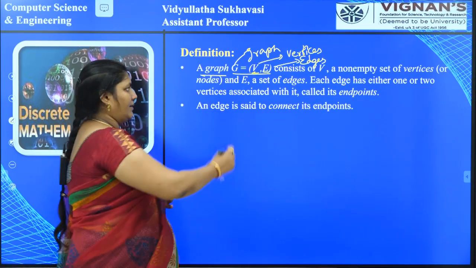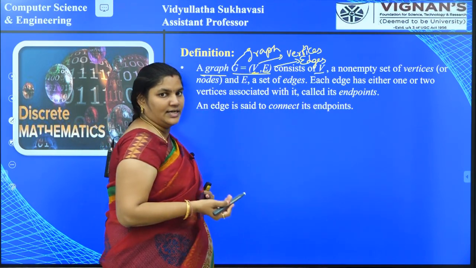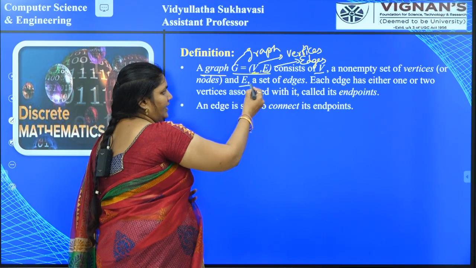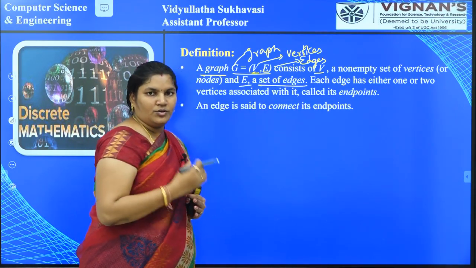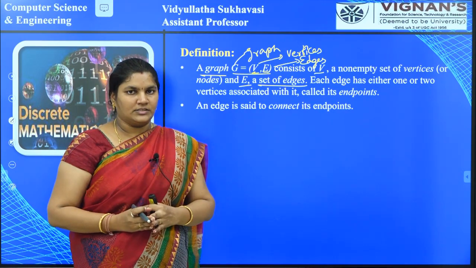It consists of V, a non-empty set of vertices, and E, a set of edges. So a graph consists of vertices and edges.